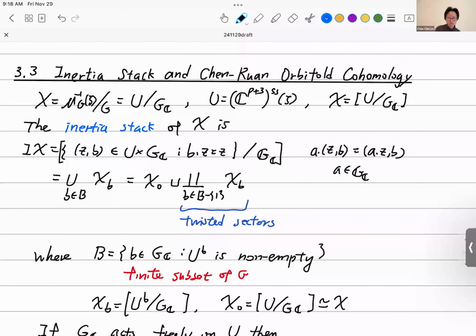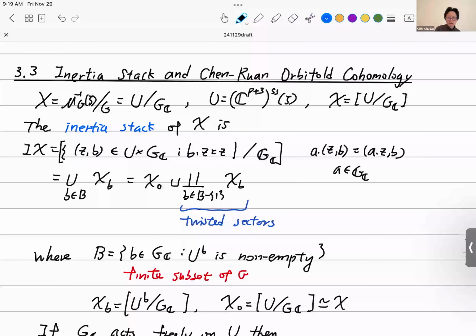Sometimes it's also called a box. Actually it corresponds to something called box, but let's call it big capital B. There's a distinguished component corresponding to the identity. The fixed point set of the identity is the whole thing, so X sub zero is isomorphic to the original stack orbifold.